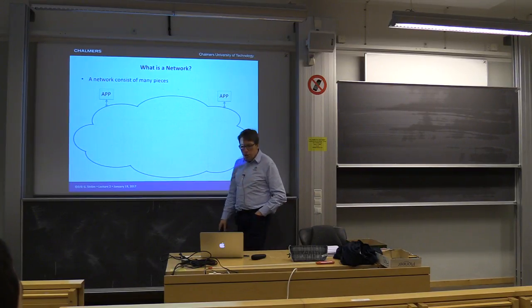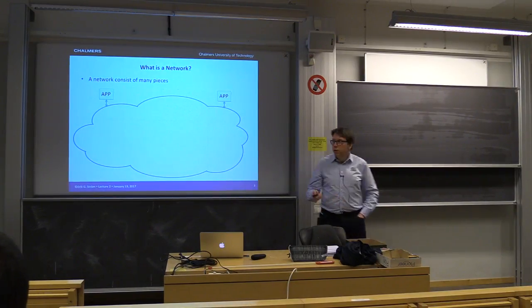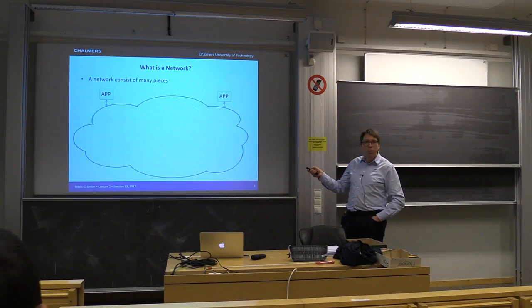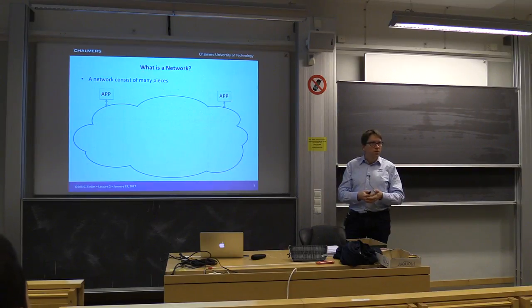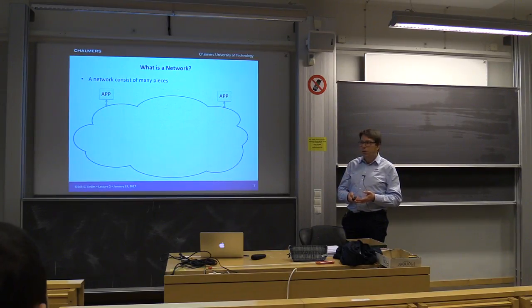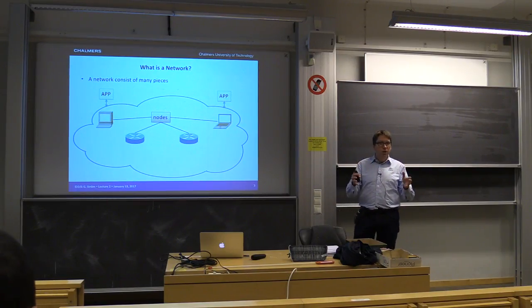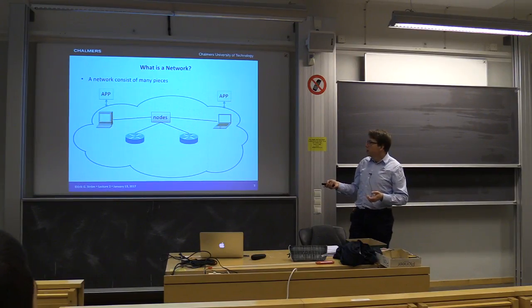So let's talk about networks. What is a network? Typically, we see all of these pictures, the cloud, right? So the cloud is the network, and it's used by applications. Inside the network, there are many different pieces. There are nodes, some type of gadgets, physical entities which are inside here.